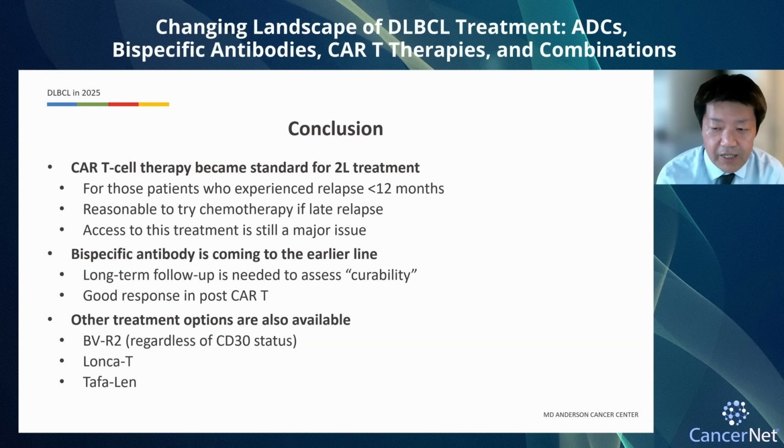Bispecific antibodies are highly active agents, both as monotherapy and in combination, and are now moving into earlier lines of treatment. It will likely come to first-line treatment soon. In addition, other effective agents such as polatuzumab-BR and Lonca-T continue to play an important role in the management of relapsed refractory large cell lymphoma.